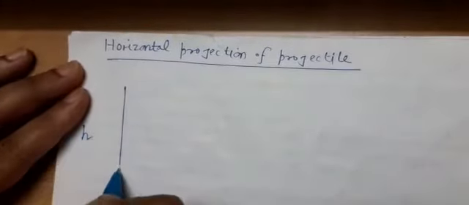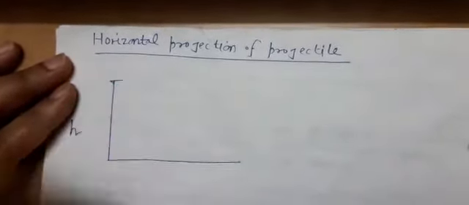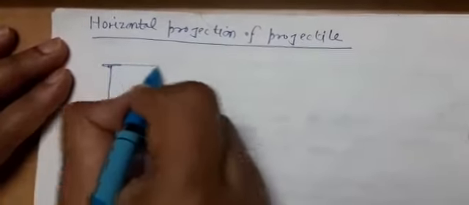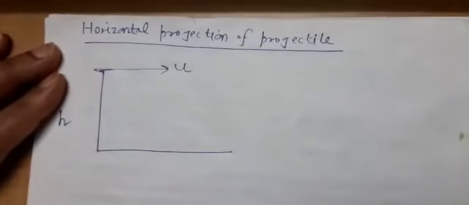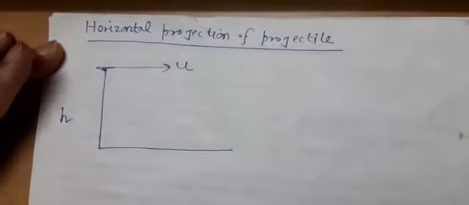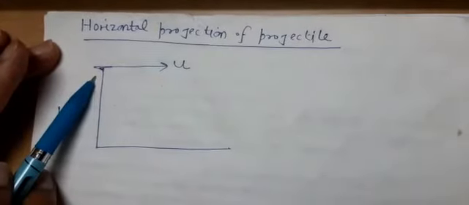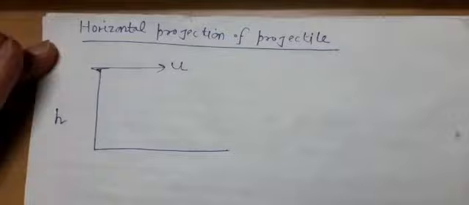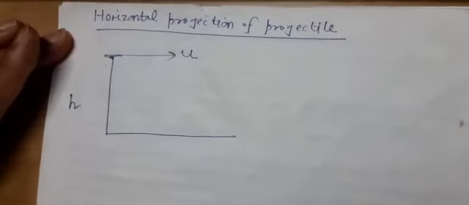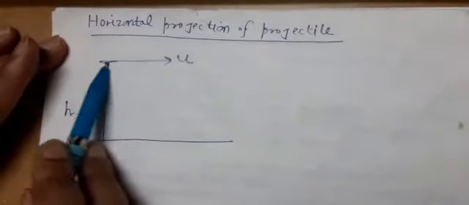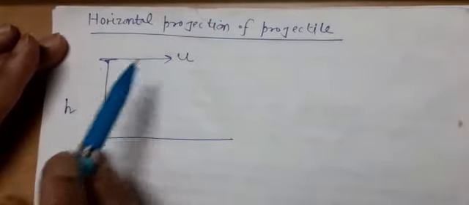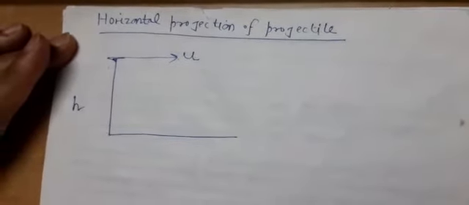So for it, let a body be projected from a height h with horizontal velocity u. The body is projected from the top of this height, that is the top of a building or the top of a tower, that can be any height which has been given here. So a body is projected with horizontal velocity u from the top of a height h.